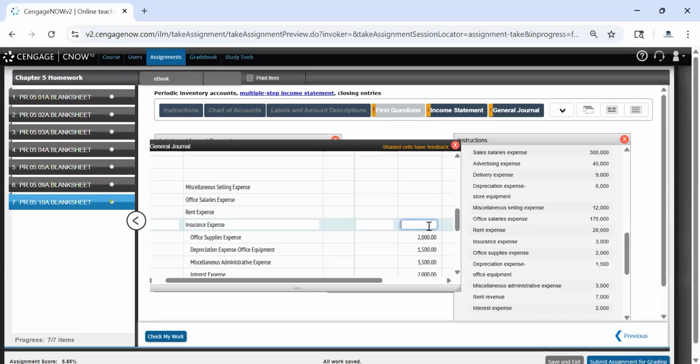Our insurance expense is $3,000. Rent expense, $28,000. Office salary is $175,000. Miscellaneous selling expense for $12,000.